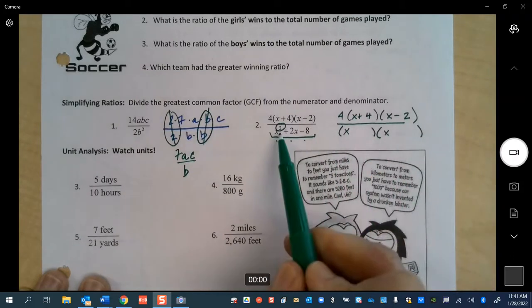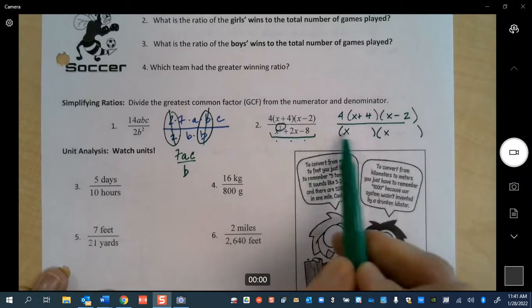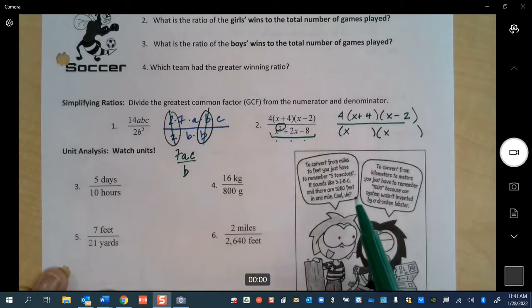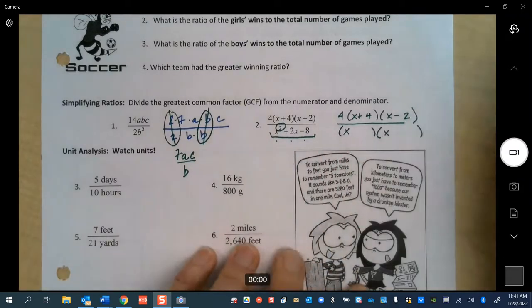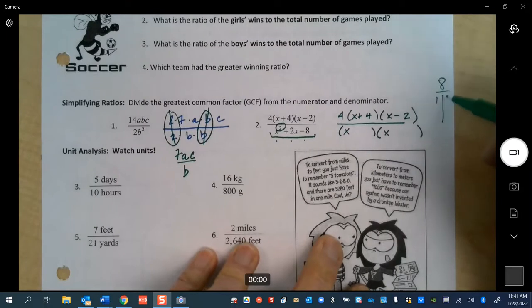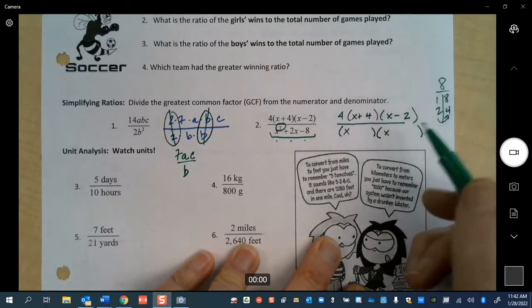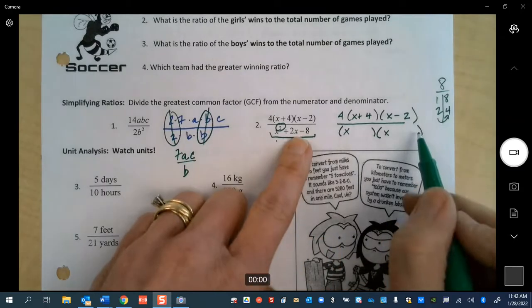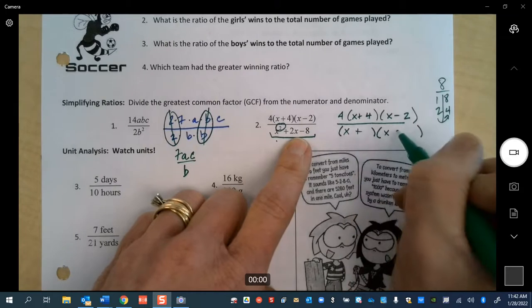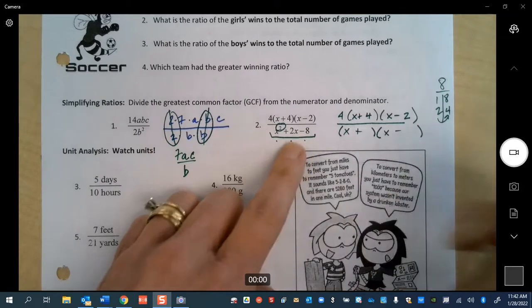So x times x is x squared, so I can take x squared, split my x's. I know that my factors of 8 are 1 and 8 and 2 and 4. My commutative property has me do 4 and 2 and 8 and 1, but it's silly to consider that or write that down. If I'm trying to figure out what two numbers are going to give me negative 8, I know one has to be positive and one has to be negative.